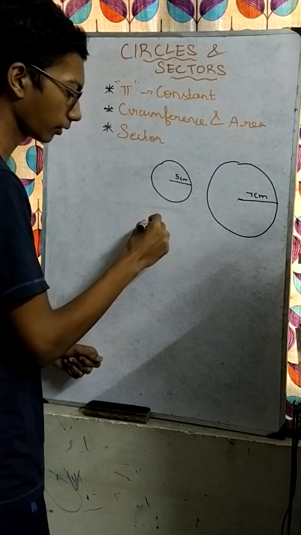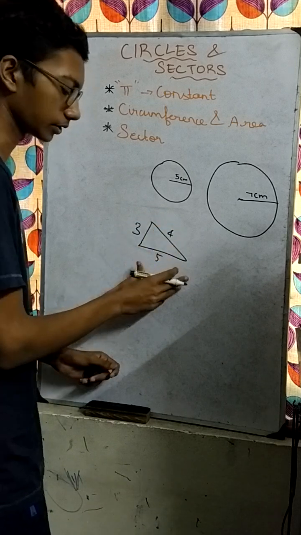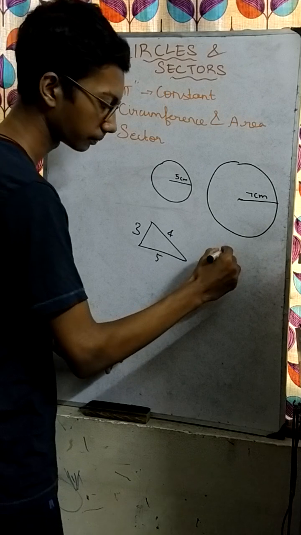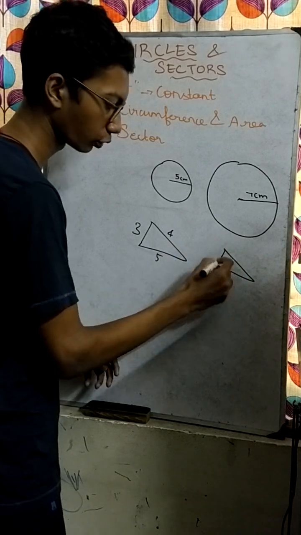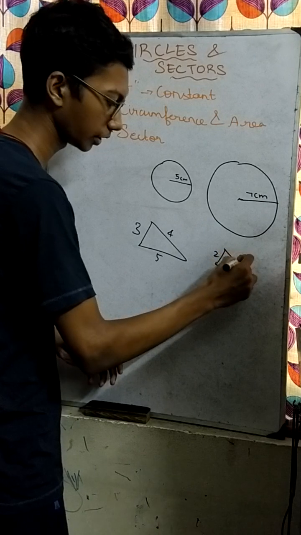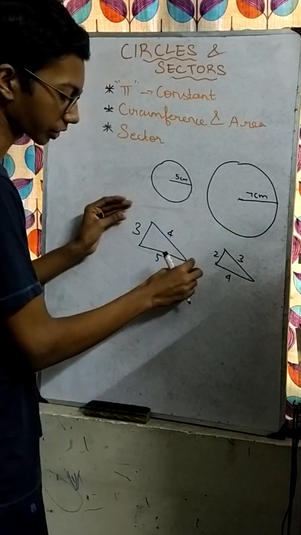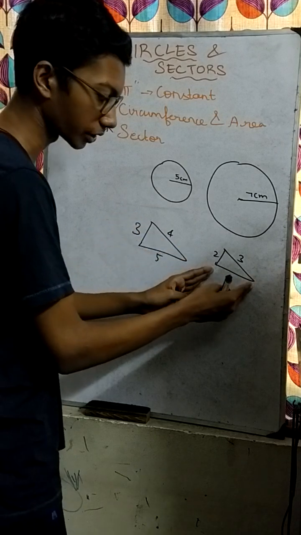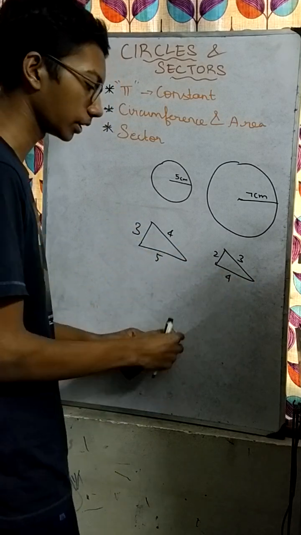Let's say you have a triangle with sides 3, 4 and 5 centimeter like this. If you stretch it, or if you shrink this as 4, 2 and 3, this is not similar to this, because the similarity properties of triangles are not met.